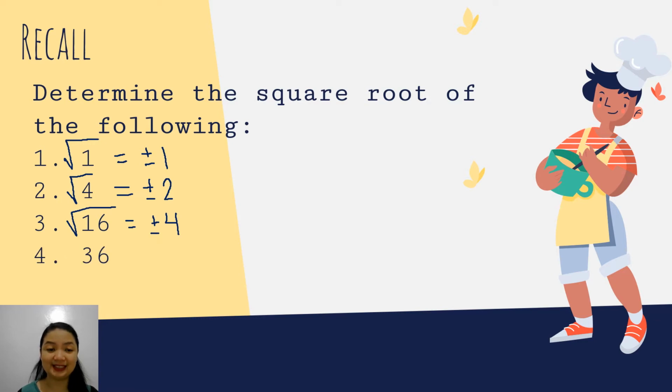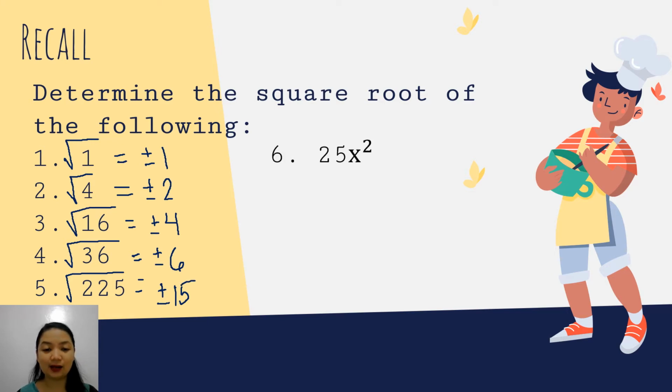How about this? What is the square root of 36? Correct. That is positive, negative, 6. Next one. Square root of 225. Yes, that is positive, negative, 15.